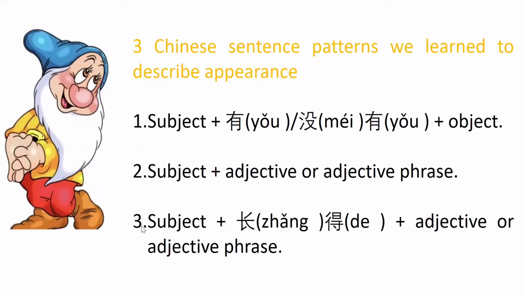Number 3 is the subject plus 长的 plus adjective or adjective phrase. For example, you can say the subject is you, 长 means look, 的 is a structural particle, so you look tall, as an adjective, or very tall as an adjective phrase.